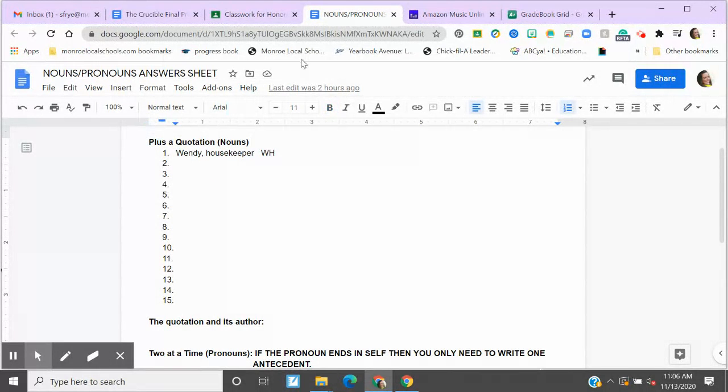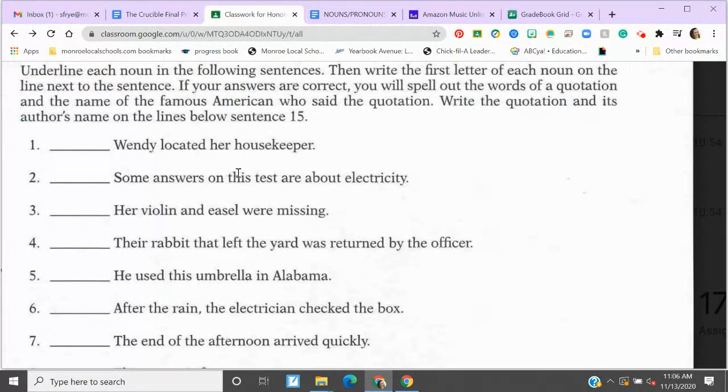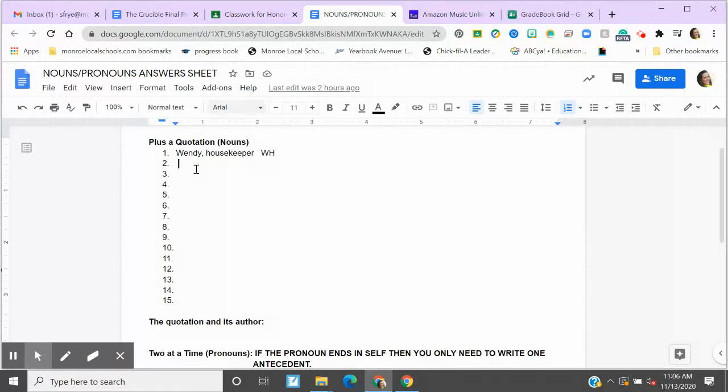Pretty simple, right? The next question says, "Some answers on this test are about electricity." My three nouns are answers, test, electricity. When I type it, I'm going to type it like this: answers, test, electricity. And then I have the three letters.